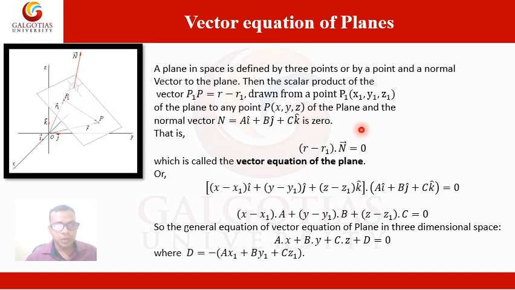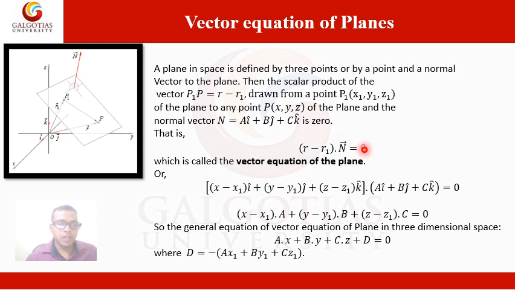Normal means the angle between the two vectors is going to be 90 degrees. Perpendicular vectors are very important. So cos of 90 degrees is going to be 0.